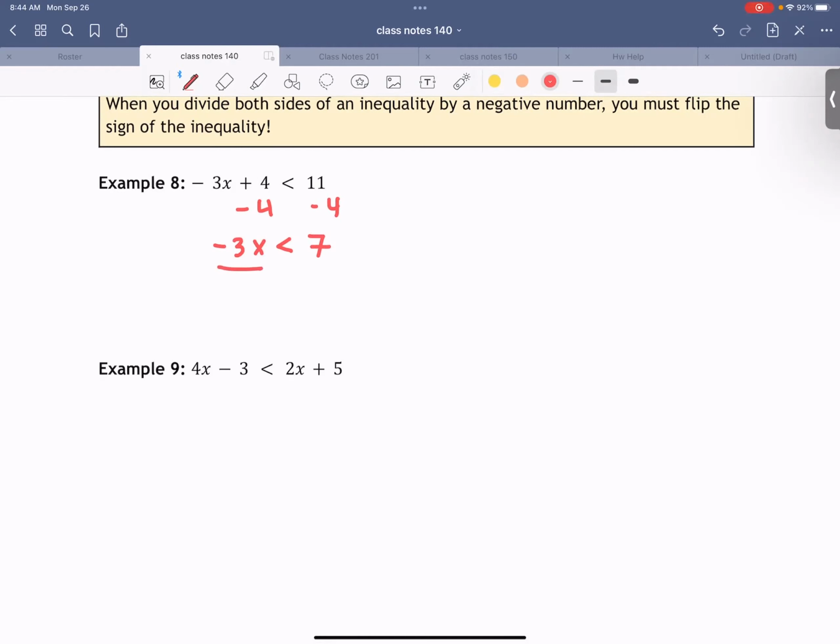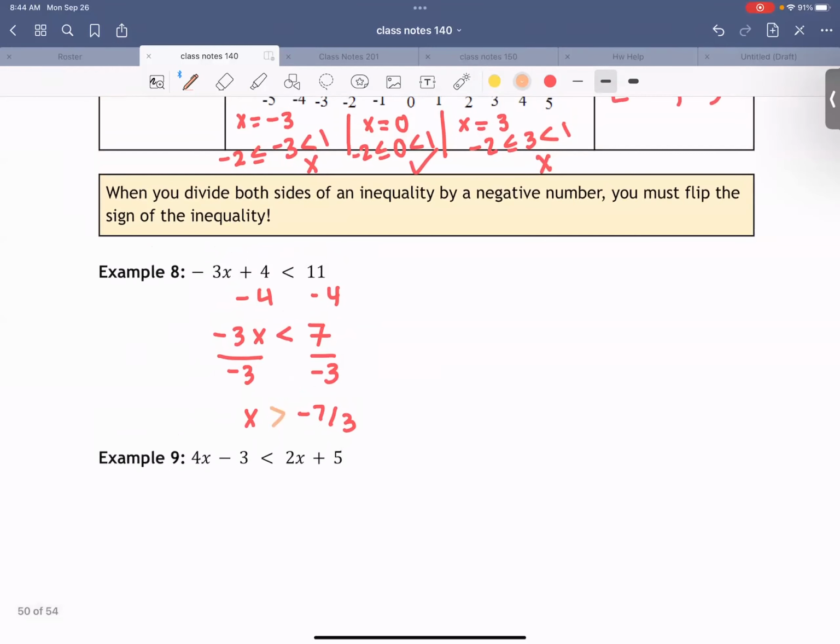We would divide by -3 on both sides. And we're left with x and a -7/3. The only difference between inequalities and equations is whenever we multiply or divide by a negative number, we flip the sign. Good. So this sign just goes to the other side.